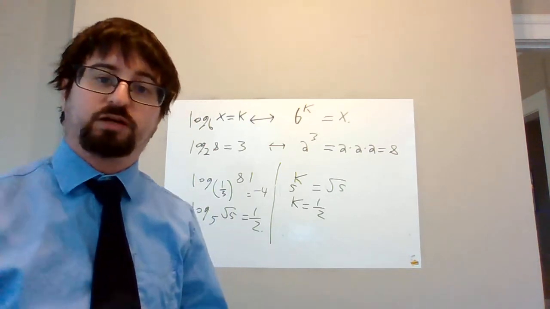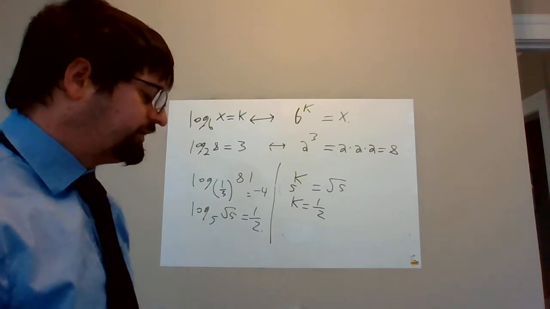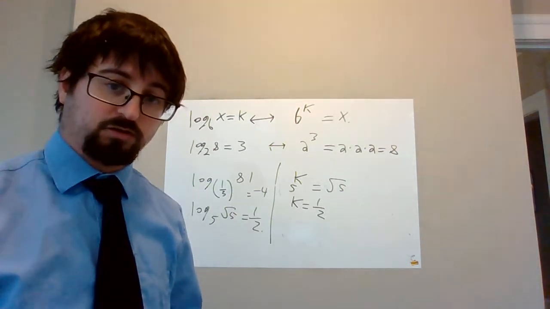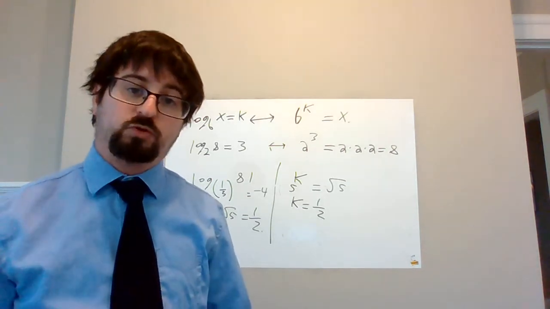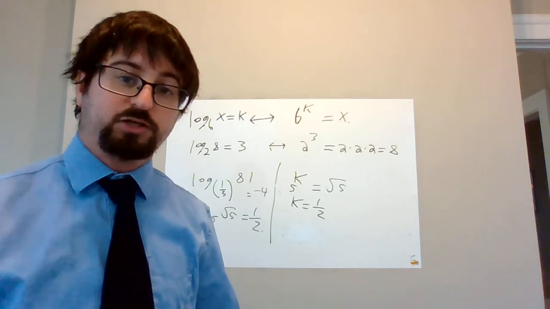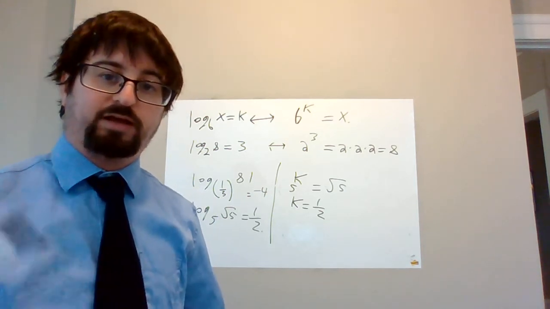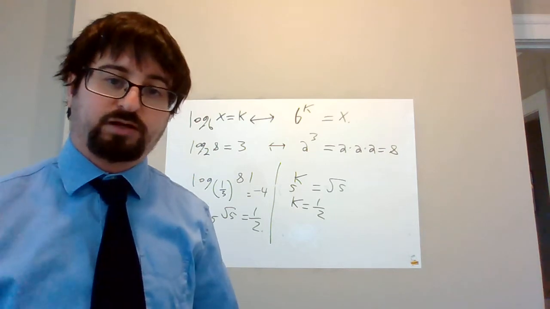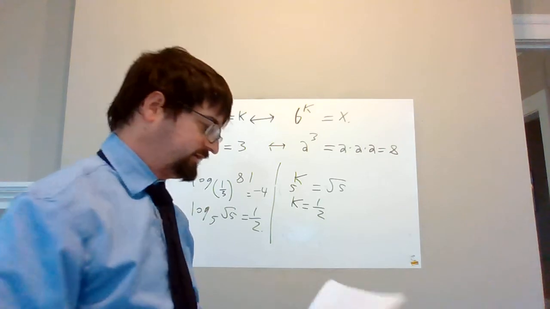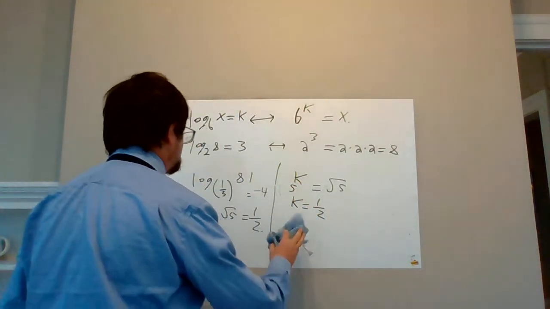If b is 0 or negative, we're going to have issues. Now, because they're inverse functions, because they undo each other, every algebraic property we had about exponentials is going to correspond to a corresponding algebraic property involving logarithms. Okay. Let's see what we mean by that.